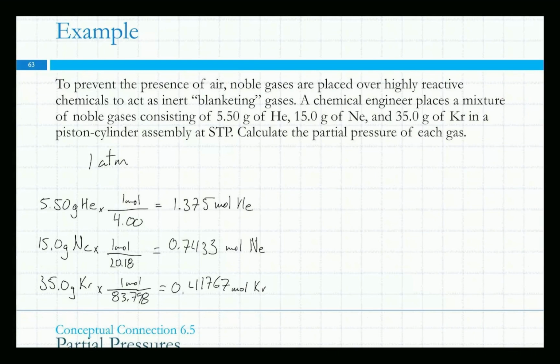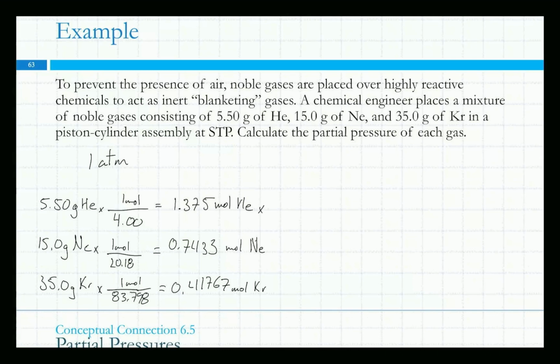Okay, so what would the long way be? Yeah, the long way would be to take these moles, we have temperature and pressure. I guess we don't have volume, so we'd have to assume a volume. Oh, maybe we can't even do it that way, because we don't have a volume.